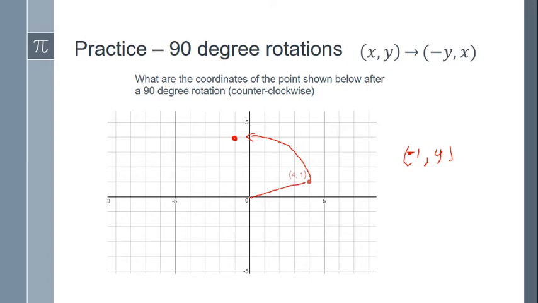So the distance from the origin to (4, 1) is the same as the distance from the origin to (-1, 4). We didn't move it up and down or left and right, we simply rotated it.